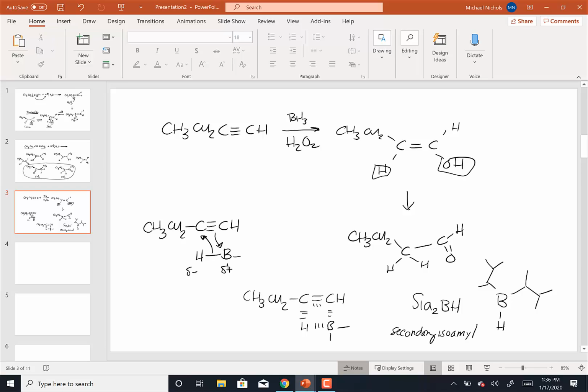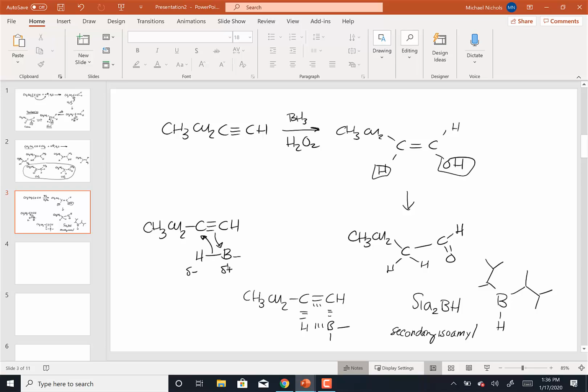If you look at this, it's descriptive, it's wrong, it's a horrible name, but it describes what it is. It is an amyl group, a pentyl group, with an iso group where the boron is attached to a secondary carbon. Hence, secondary isoamyl. But it is a complete mess of a name. But that's what it's sometimes called.